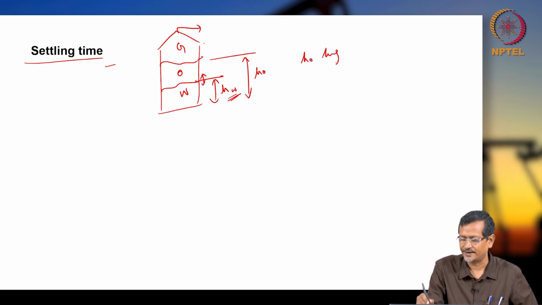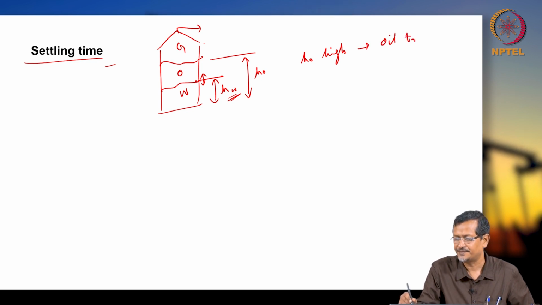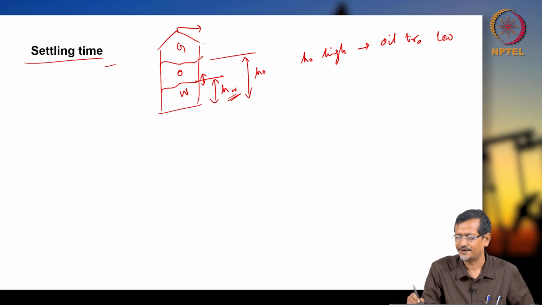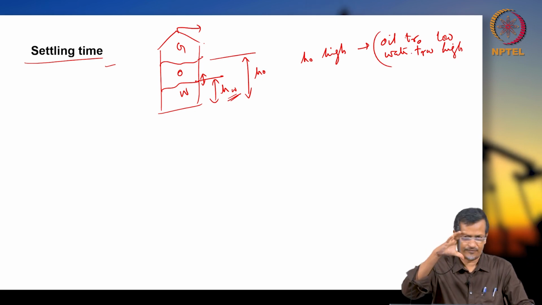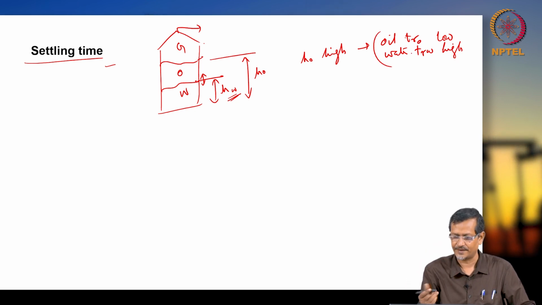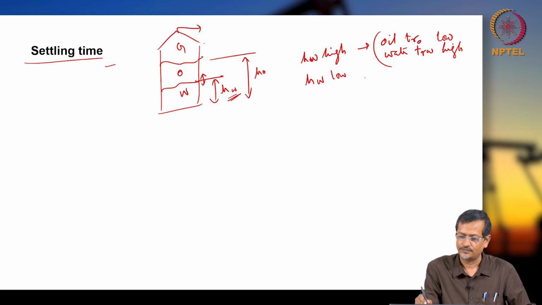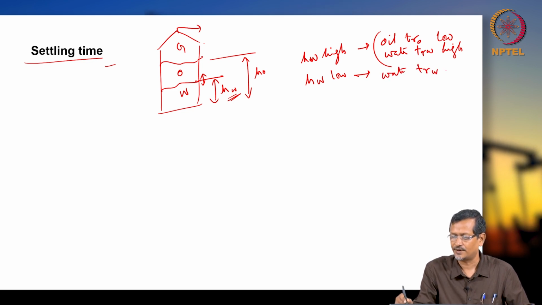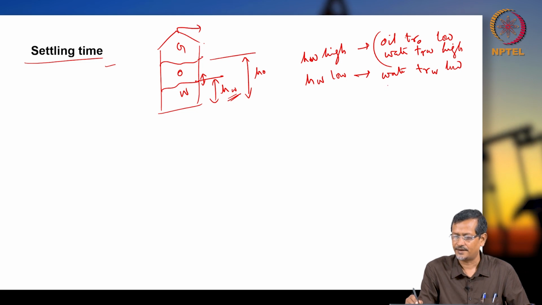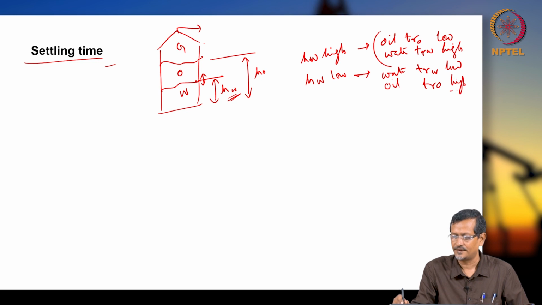If HW is high, then oil retention time TRO is low, right, and water TRW is high, right, for a fixed volume of oil plus water, right. If HW is low, then it will be the opposite: water low, and oil high, okay.